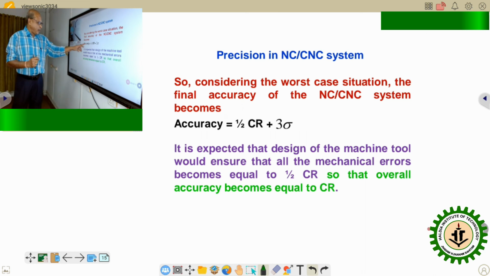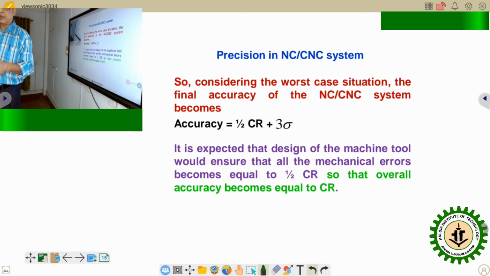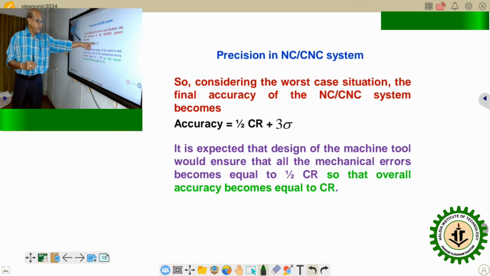Clear? Now this 3 sigma is rather difficult. You have to take a lot of data and calculate mean, standard deviation, all these things. But as a thumb rule, for simplification, if we can keep the 3 sigma value within half CR, then half CR plus half CR will yield 1 CR.